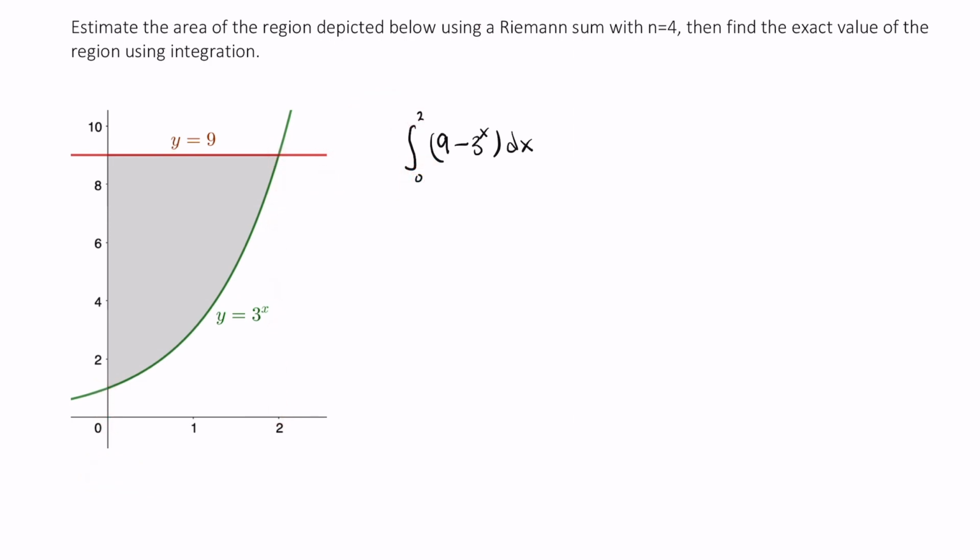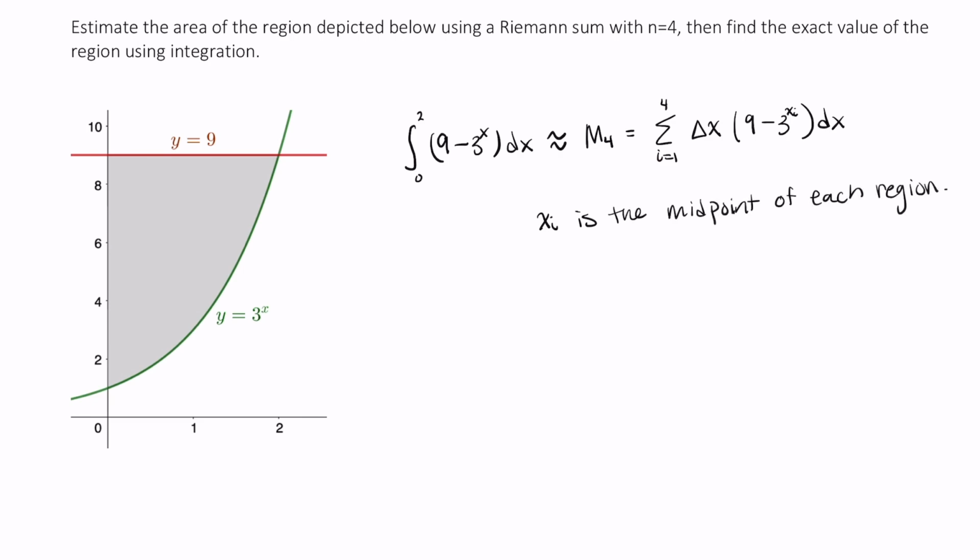Now we can estimate this using 4 rectangles, and I'm going to use midpoint, so the middle of each rectangle, and I'm going to denote that M4, and that's going to equal the sum from i equals 1 to 4 of delta x times 9 minus 3 to the x_i. And x_i is the midpoint of each region.